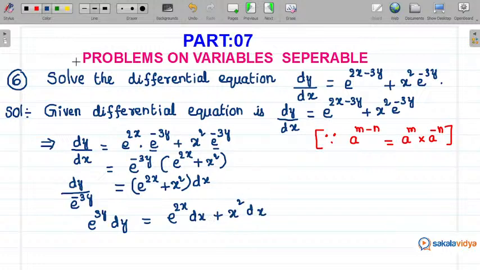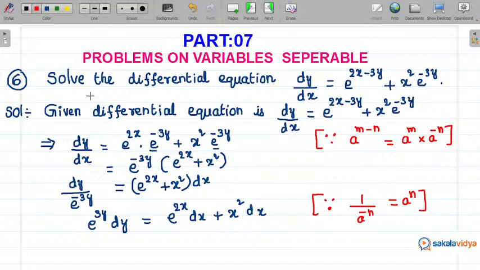So, we used the formula 1 upon a to the power of minus n is equal to a to the power of n. Using this concept we have written dy by e to the power of minus 3y as e to the power of 3y dy equals, separating here, e power 2x dx plus x square dx.